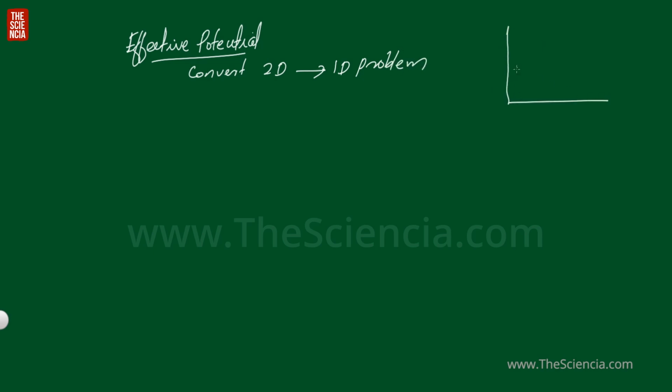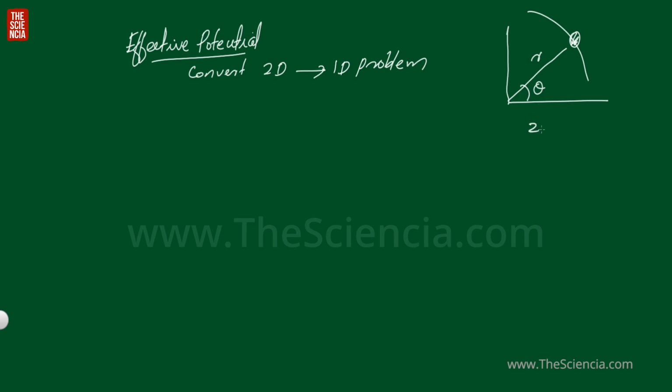Effective potential. By using the idea of effective potential, we can convert a 2D problem into a 1D problem. We are dealing with the plane curve, so the particle motion is represented by two coordinates, one is r and the other is θ.